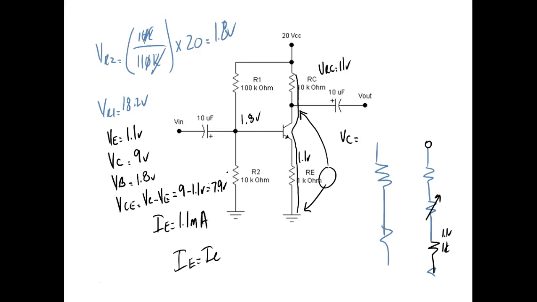The way we calculate VC is VC is going to be equal to VCC minus VRC. A lot of people want to try to subtract this, but what we're doing is measuring across this and the resistance.